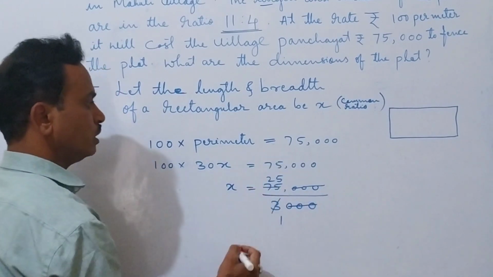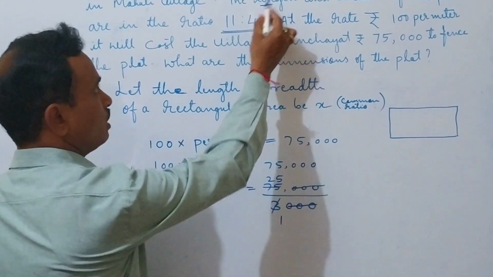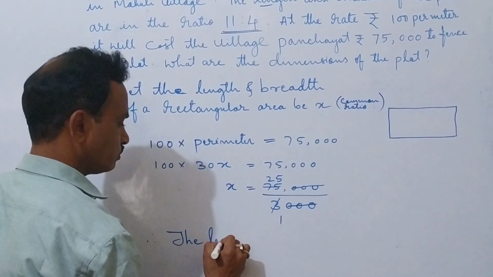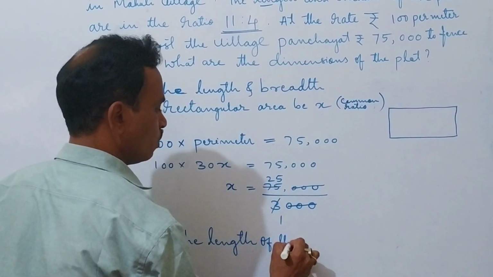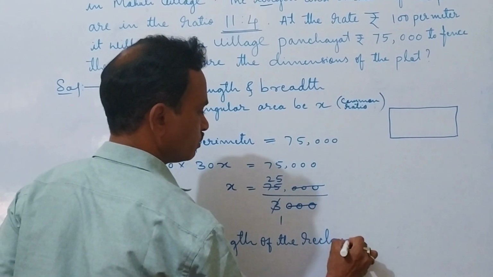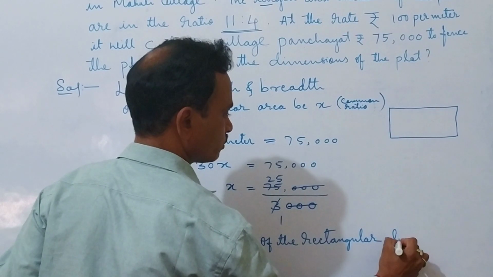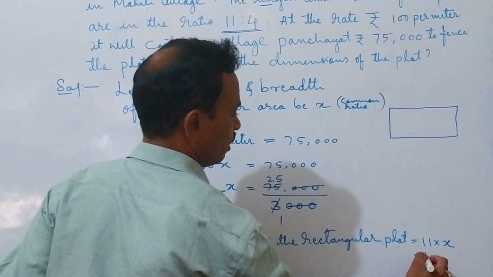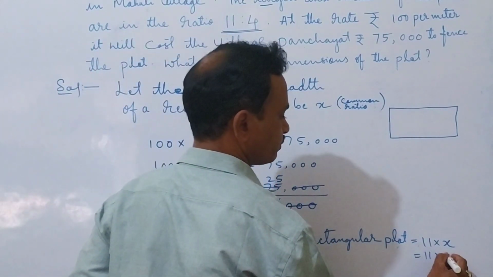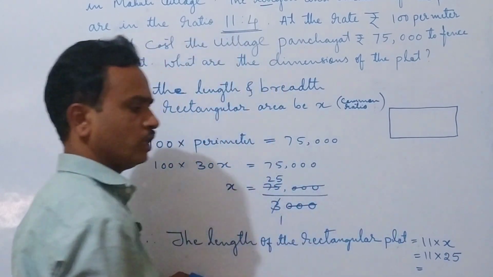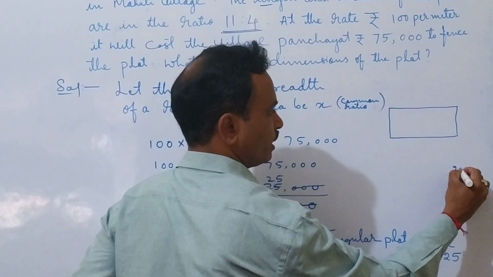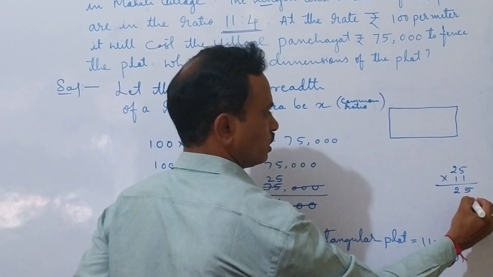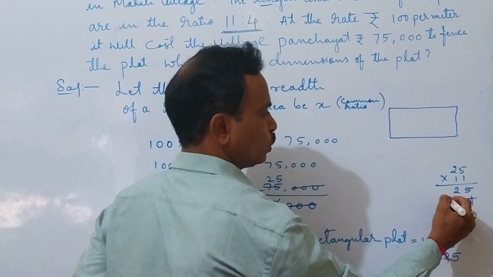The next point: x is equal to 25. What is the length of the rectangular plot? 11x. So the length of the rectangular plot is equal to 11 into x, 11 into 25. Multiplying 25 into 11: 1 5 is 5, 1 2 is 2, then plus 1 into 5 is 5, 1 into 2 is 2.